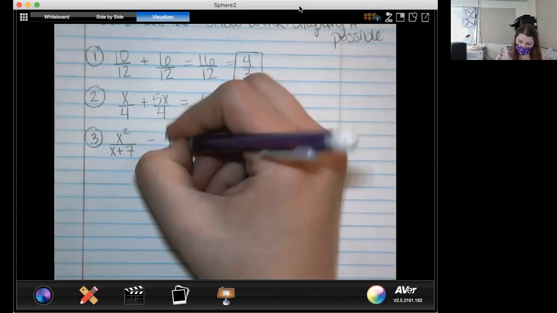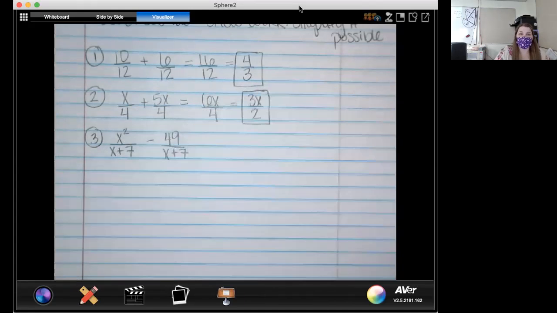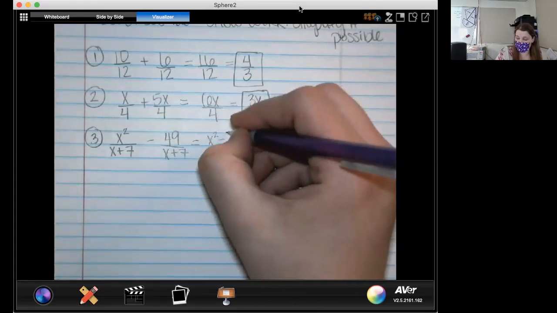minus 49 divided by x plus 7. So when we combine like terms in the numerator, we would get x squared minus 49, good.